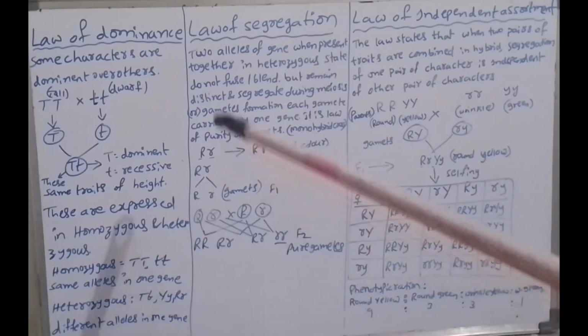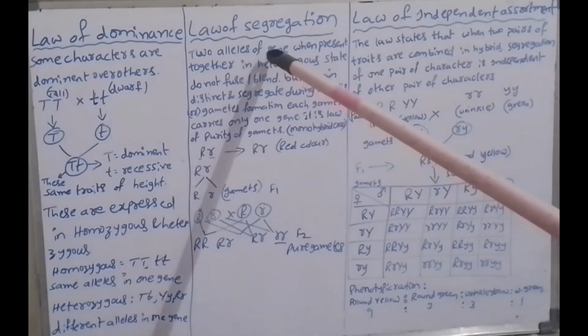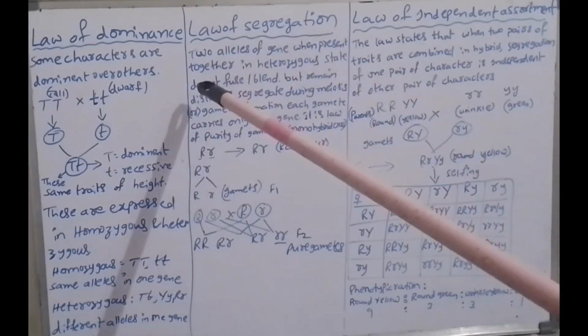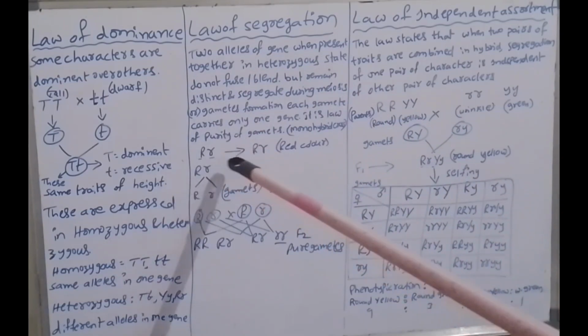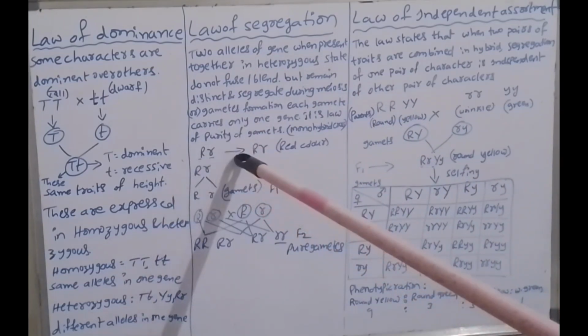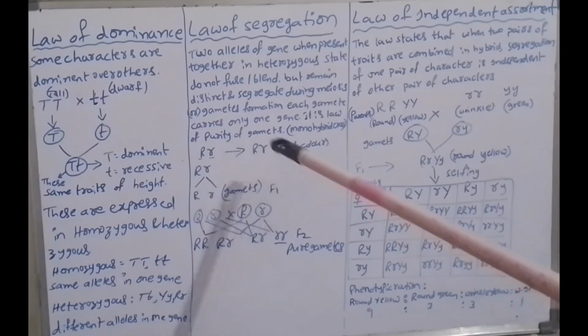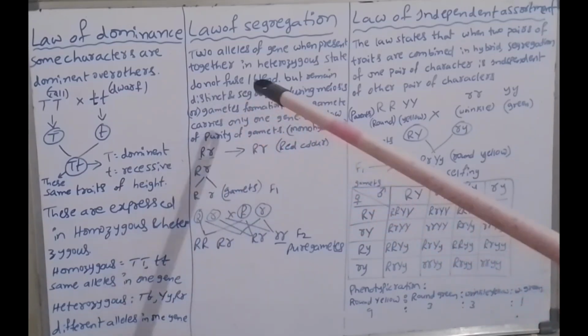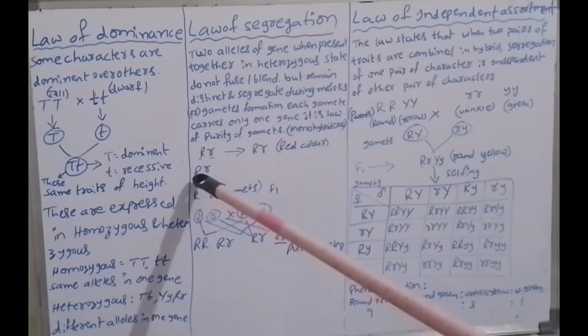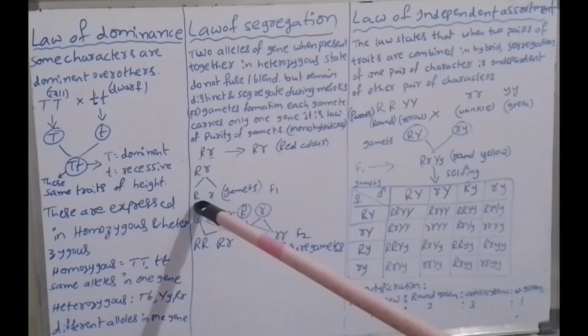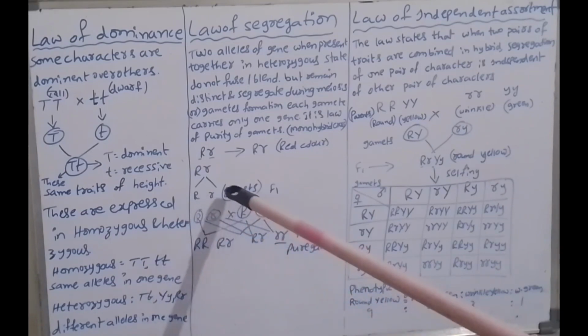Once again, two alleles of a gene present together in the heterozygous state do not fuse or blend, but remain distinct during meiosis or gamete formation.